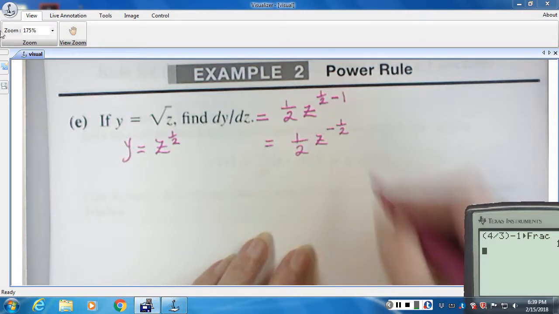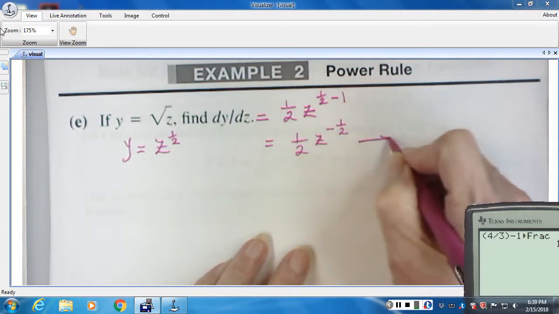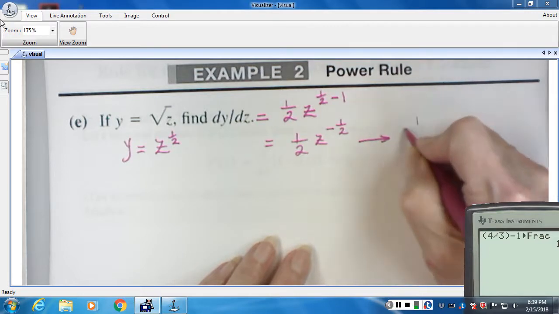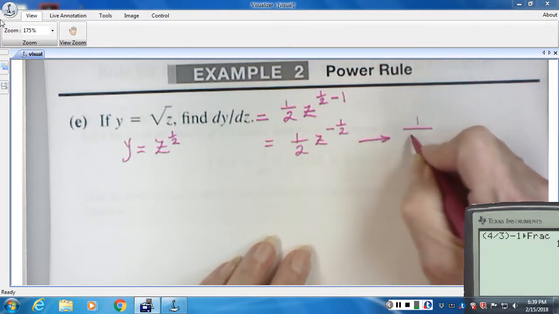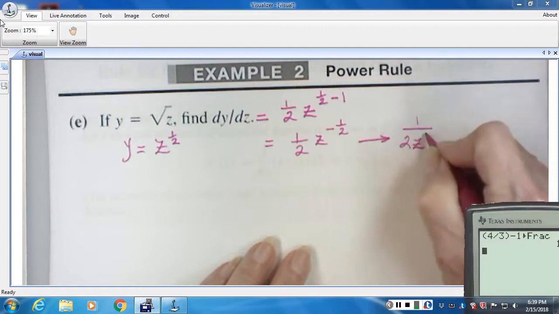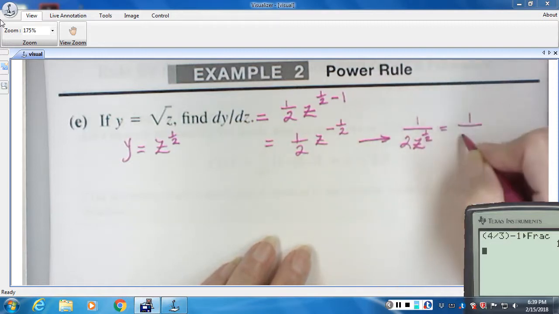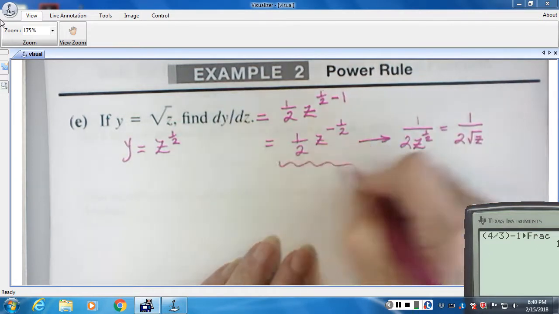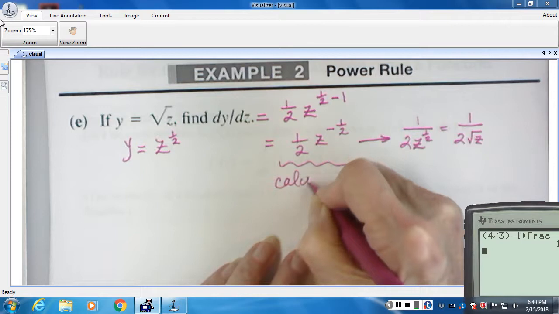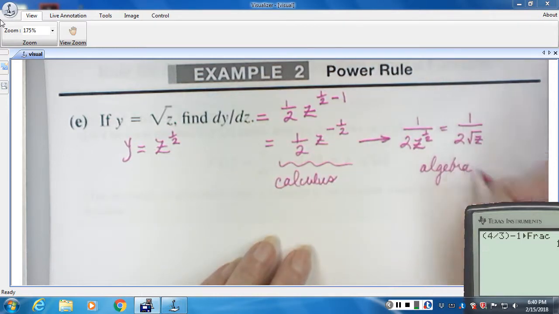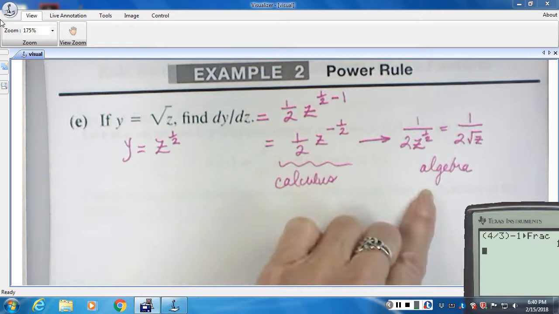If you want to, or if it makes it easier to do something with it, you can put the z back in the denominator, because that's z to the negative 1/2, and make it positive. Or you can even make it back into a radical. But this is the calculus. This is algebra. This is required. This is not. Okay?